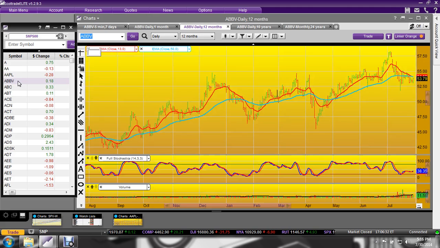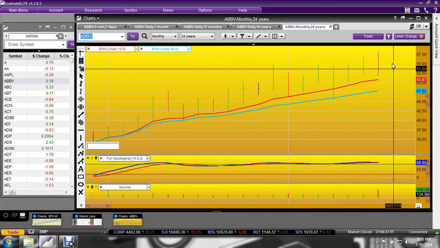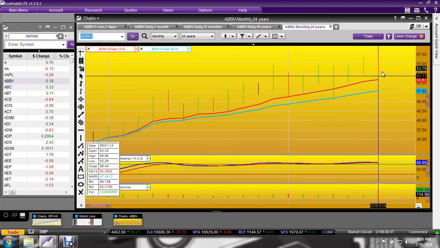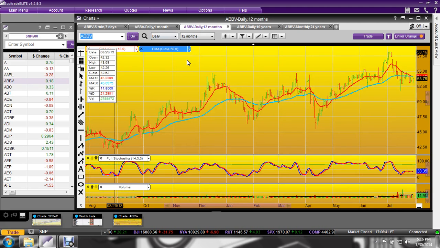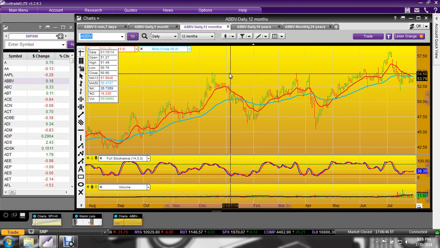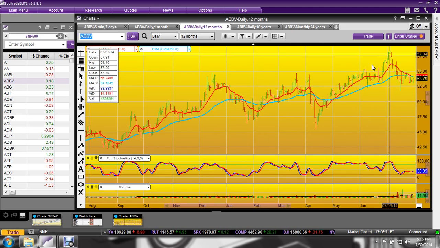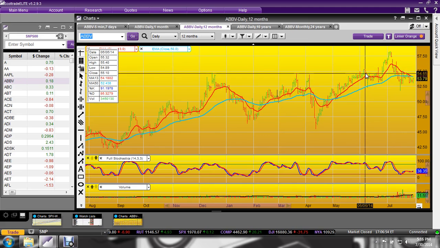We'll look at AbbVie. AbbVie's long-term chart is short because they were spun off from Abbott Labs, but we see AbbVie come to a new high here, and since it's had trouble. When it broke to this high from previous highs back here, it broke above it here and couldn't hold it, and it broke above it here and couldn't hold it.